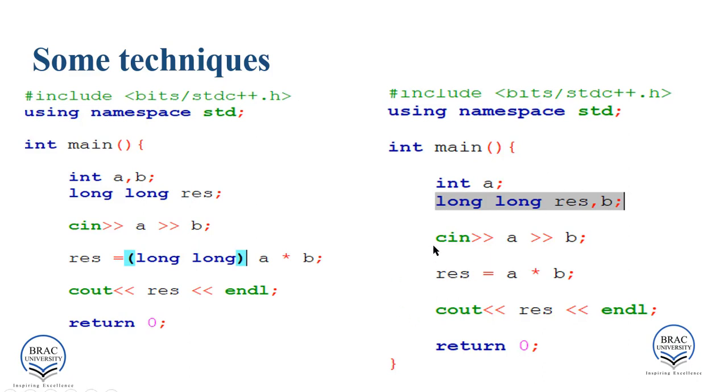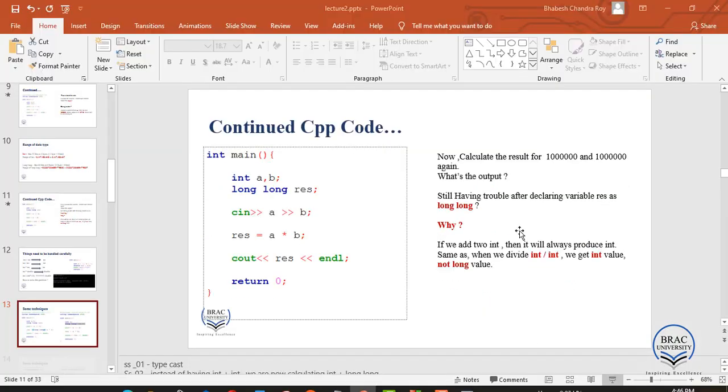There is another way. Just declare any one variable as long, so that you are multiplying an integer with a long number, and it can give you a long number. So these are the solutions for this problem. So try to code it.